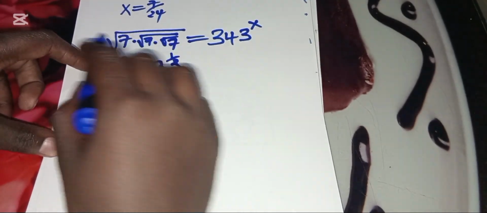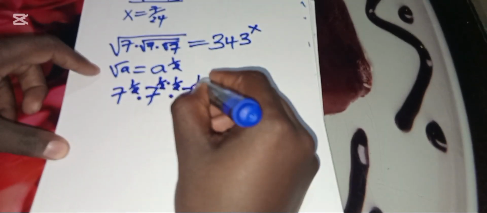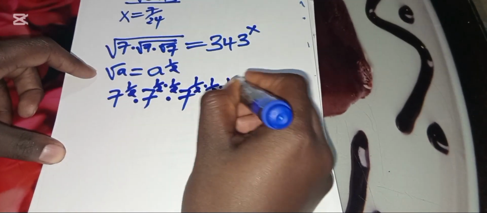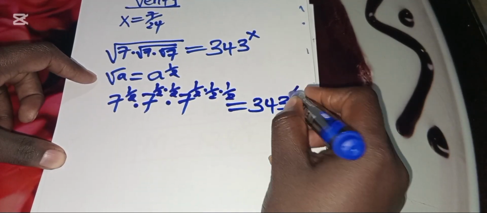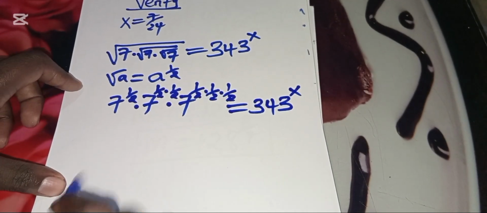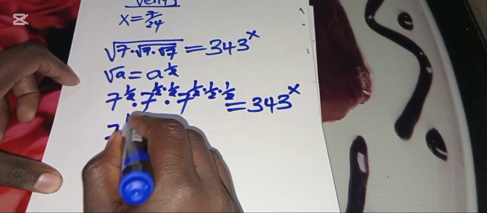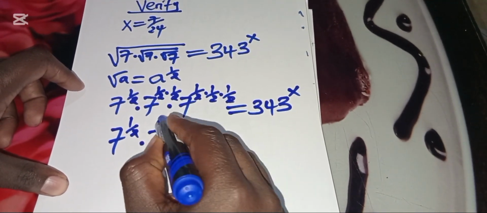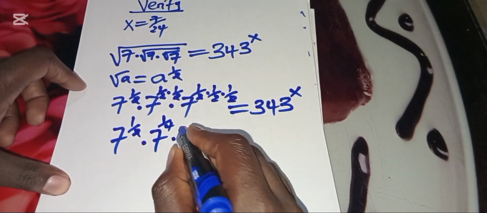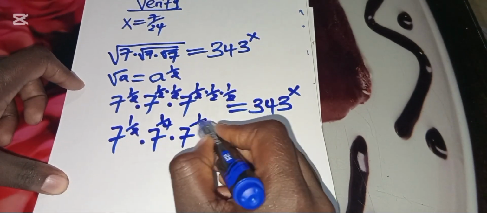The last 7 we have got 3 square roots, so we'll have a half multiplying by a half multiplying by a half. This is equal to 343 raised to power x. So we're going to have 7 raised to power half multiplying by 7 raised to power half times a half is 1 over 4 multiplying by 7 raised to power 1 over 8.